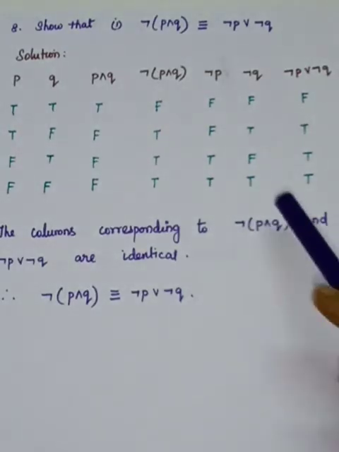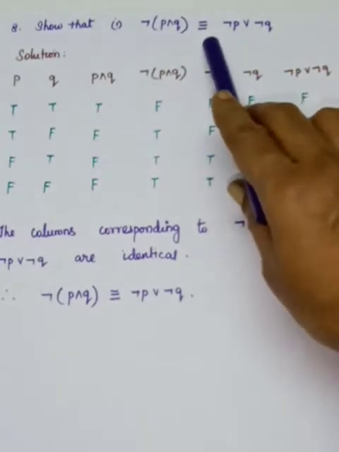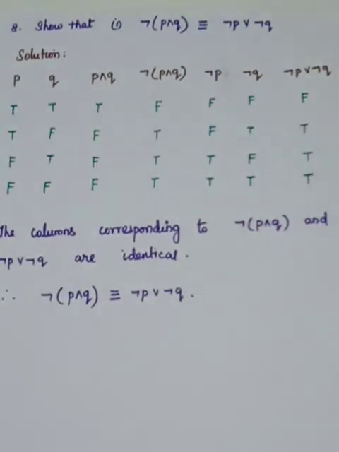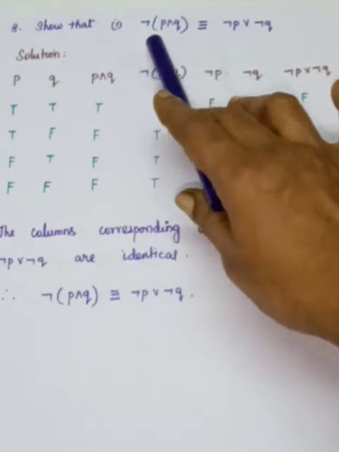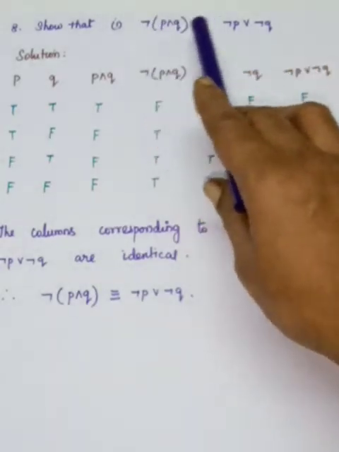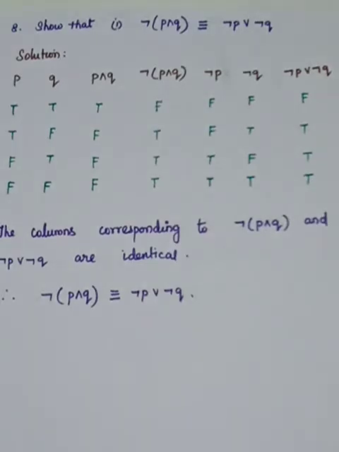So which one you have to check? Here you are having this symbol, which is logically equivalent. Logically equivalent means, as I have said, the truth values of the first statement and the truth values of the second statement are identical, so they are logically equivalent.